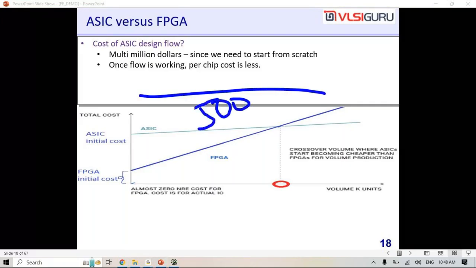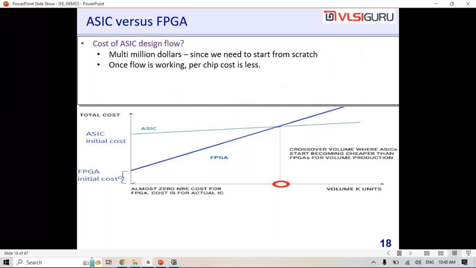But to make the prints, the various prints that are shown in theaters, that will be very, very less. So once the flow is working, per chip cost will be less.